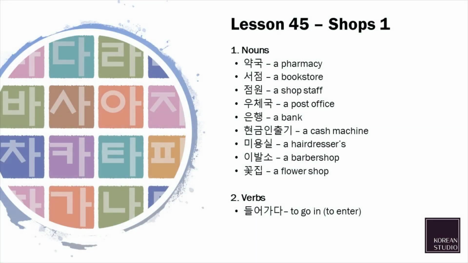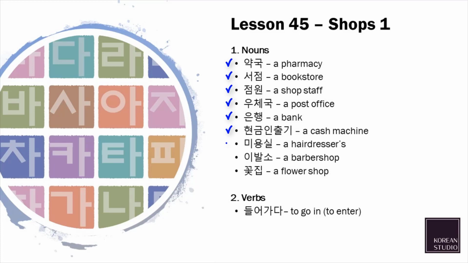In today's lesson, we learned common shop names in Korean. First, we learned that a pharmacy in Korean is 약국, and a bookstore is 서점. A shop staff is 점원, and a post office is 우체국. A bank in Korean is 은행, and a cash machine is 현금 인출기.